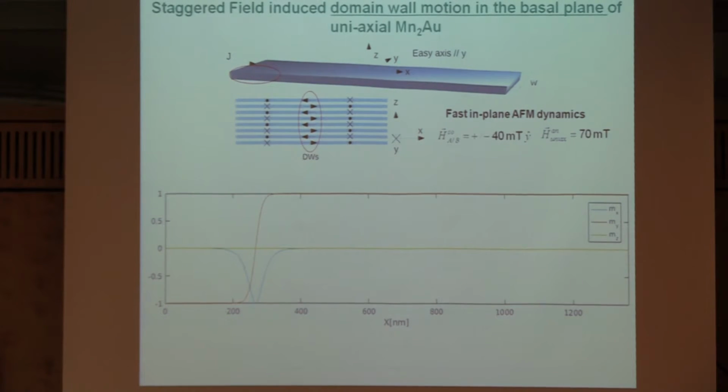And the same thing actually happens in this manganese gold, if it has a uniaxial anisotropy. You can consider this manganese gold as having basal planes of ferromagnetic order which are antiferromagnetically coupled. And very similarly, a domain wall here would move at very, very high speed if you excite it with a current.